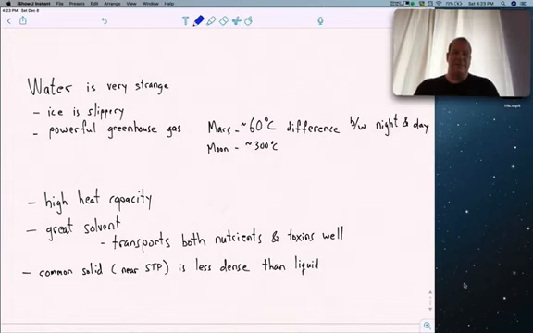And to give you another example, Mars has an atmosphere that's almost pure carbon dioxide. It has a lot more carbon dioxide than the Earth does, like a factor of 20. The difference between night and day on Mars is about 60 degrees Celsius, so nights get really cold. On the Moon it can be on the order of 300 degrees Celsius.